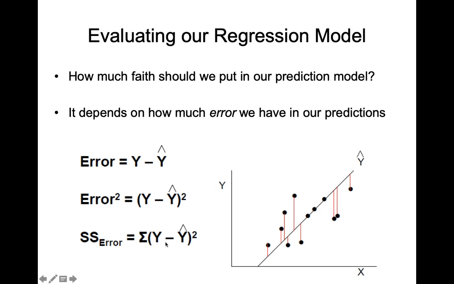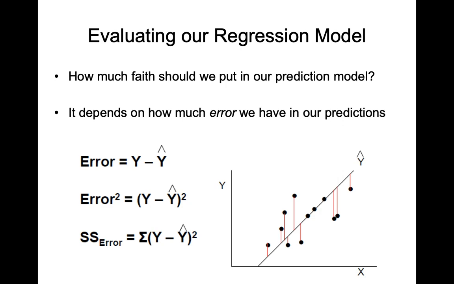Okay. But that number in and of itself is not directly interpretable, and the size of the sum of squares error will depend on the metric of the variable. Okay, so if we're using small numbers, we'll get a small sum of squares. If we're using big numbers, we'll get a big sum of squares.